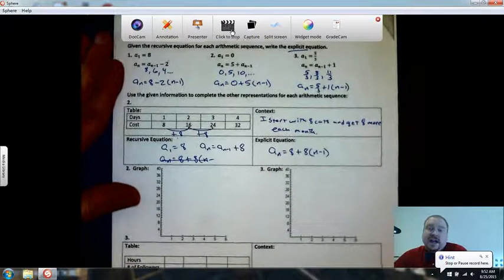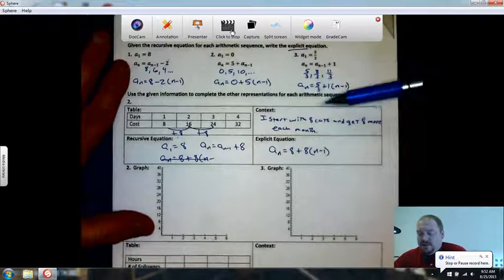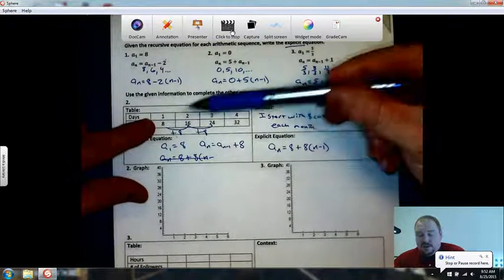There's a context. That fits. You start with 8, and it's telling you increase 8 each time.